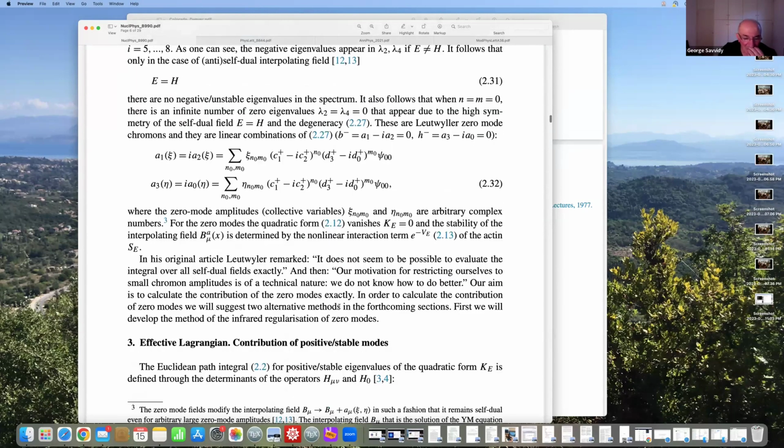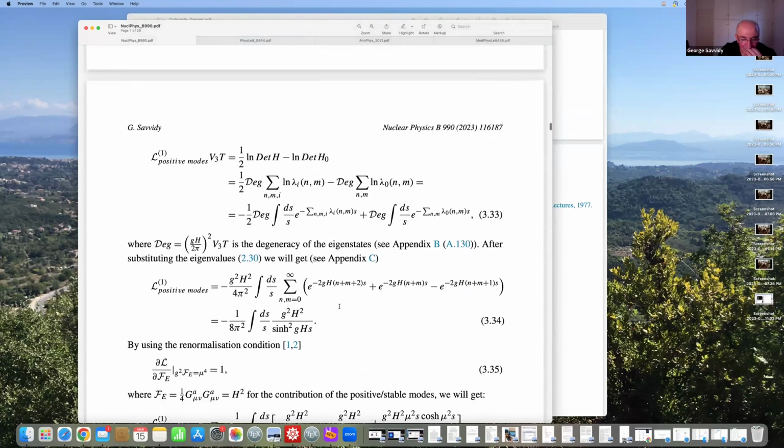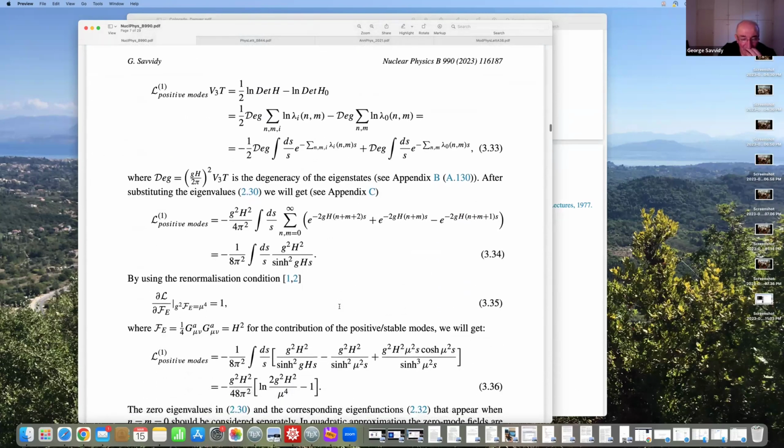Paul, but you see, the summation for positive modes and zero modes are different. First of all, for the stable positive mode, the quadratic approximation is just converging.